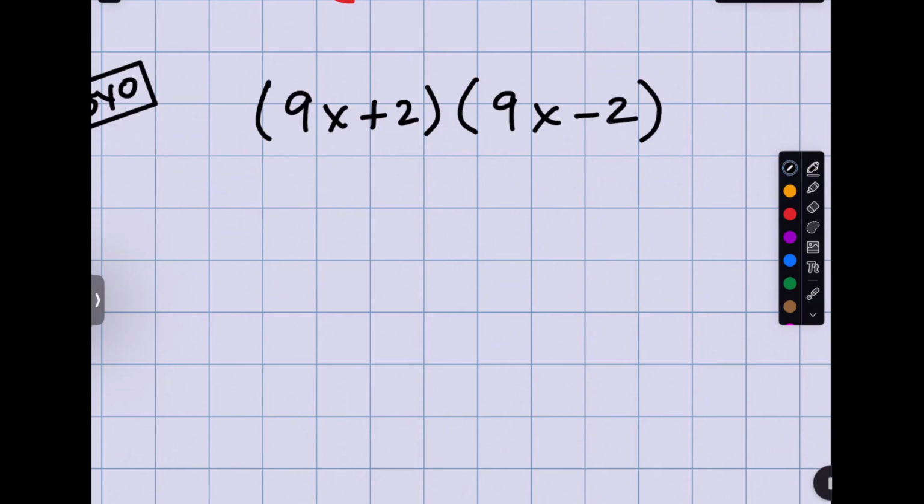Well, you want to do it in your head because you're actually foiling. Is it 81x? Mm-hmm.